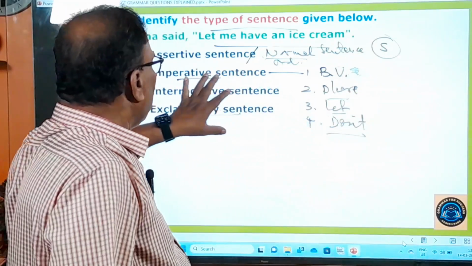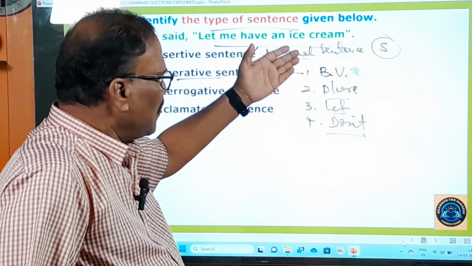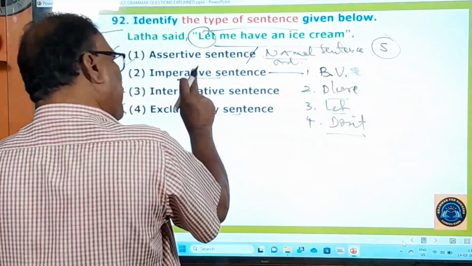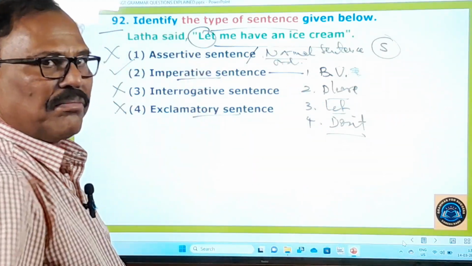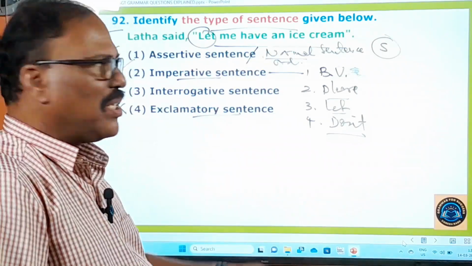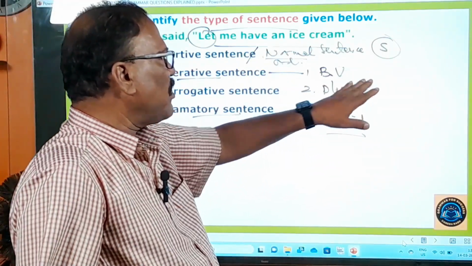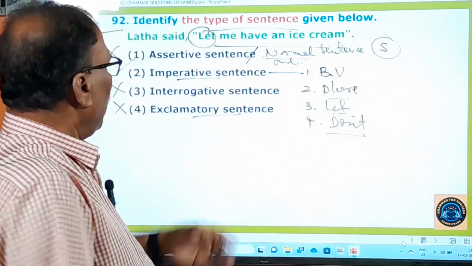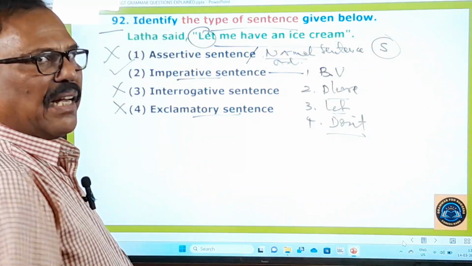In this way, imperative sentences begin with these four things. So the sentence is beginning with one of them, and therefore it is an imperative sentence. This is the logical explanation. In the examination, they might give you a sentence with a base form verb, please, let, or don't. Please keep this point in your mind, and you can easily identify that kind of sentence.